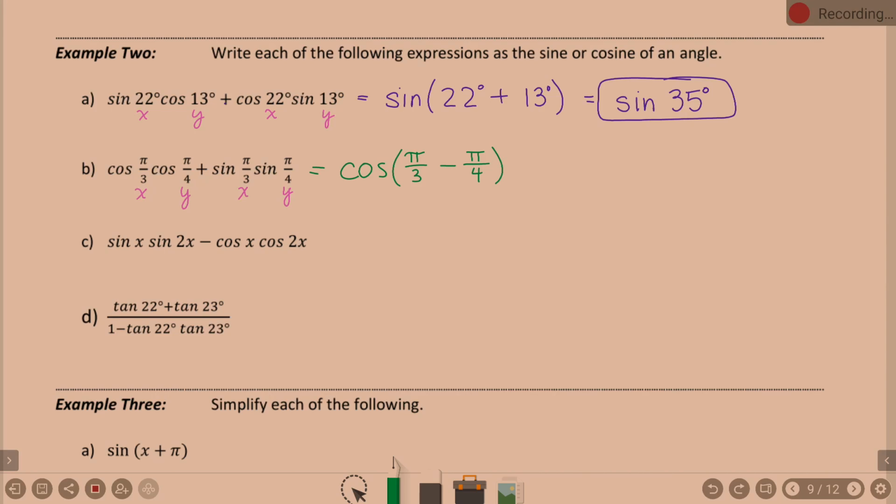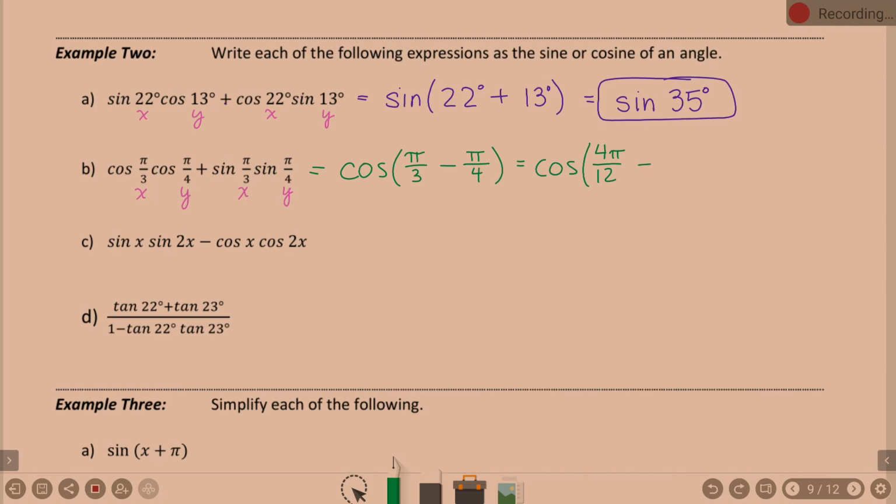What has to be true to subtract pi over 3 minus pi over 4? Common denominator? So yeah, we have to do a little bit of fraction work here. What's the common denominator between 3 and 4? 12. Pi over 3 becomes how many twelfths? 3 times 4 is 12, so 4 times pi is 4 pi.